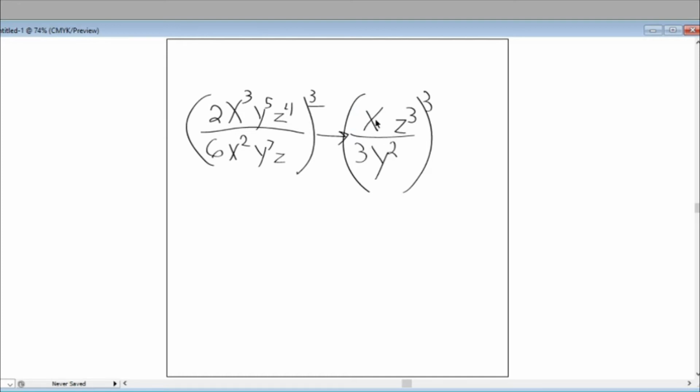But we're going to raise this x to the third power. We're going to raise the z to the third power. And like we said, we multiply those powers to get z to the ninth. Okay, we raise 3 to the third power, which means 3 times 3 is 9, times 3 is 27.